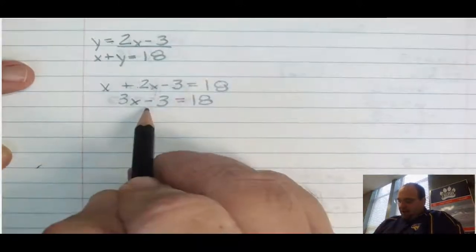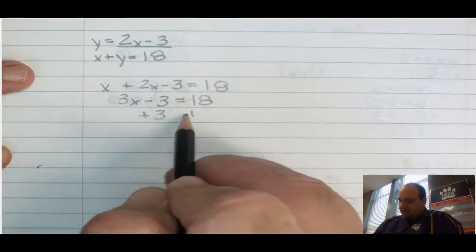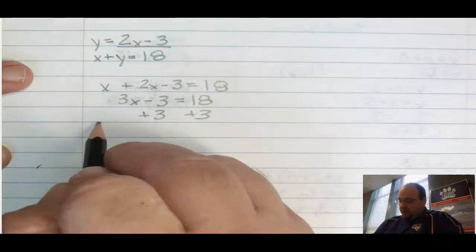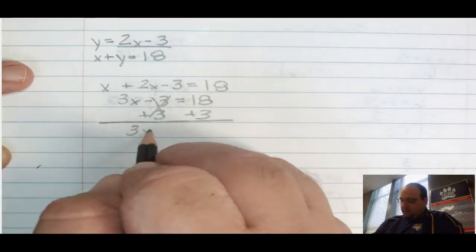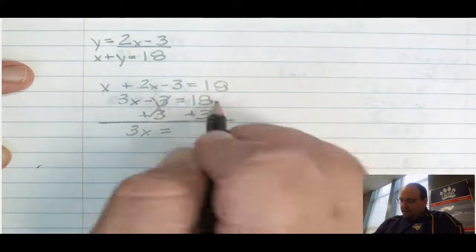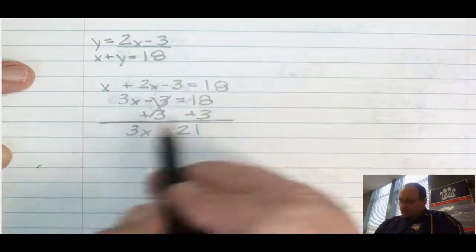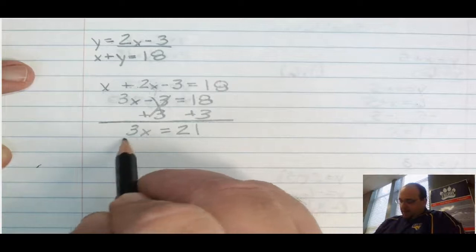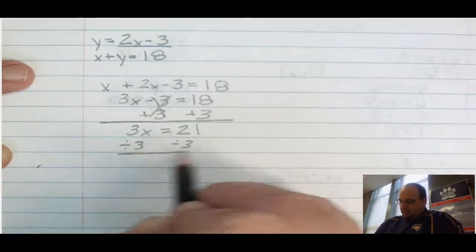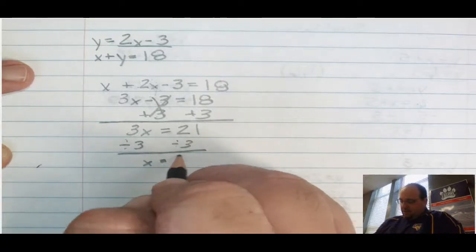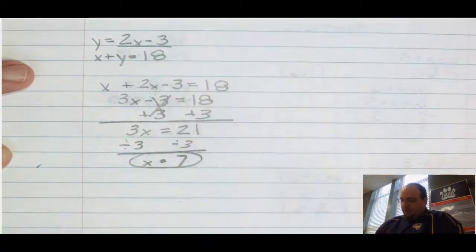I'm going to go ahead and add 3 because I'm trying to get x by itself. These are my equation rules. That crosses out because they're opposites. 18 plus 3 is 21. 3x, I have to divide by 3. I get x equals 7. So I figured out that x is equal to 7.